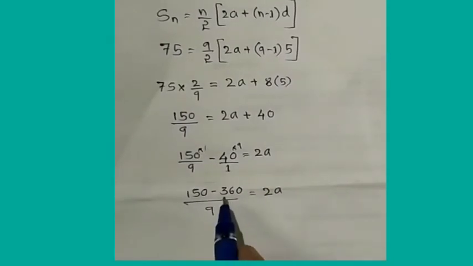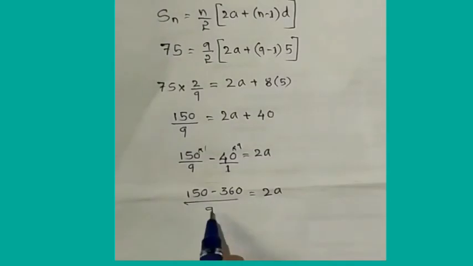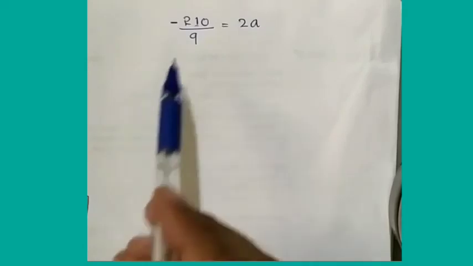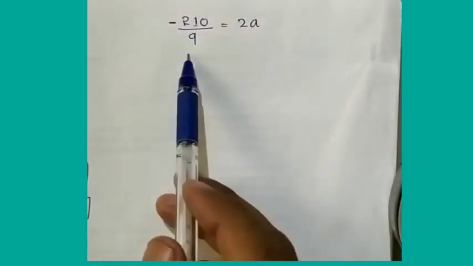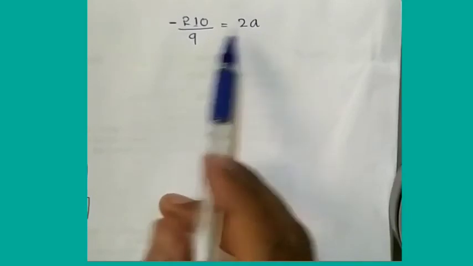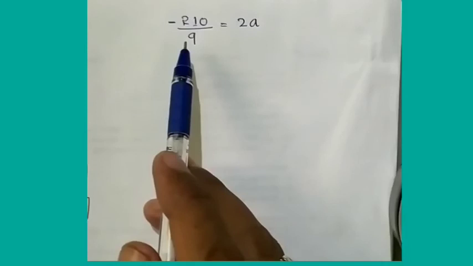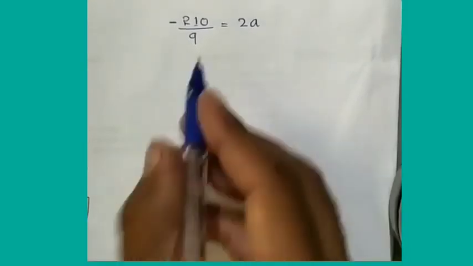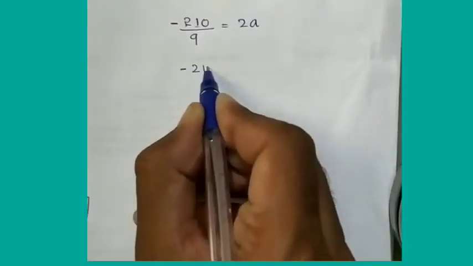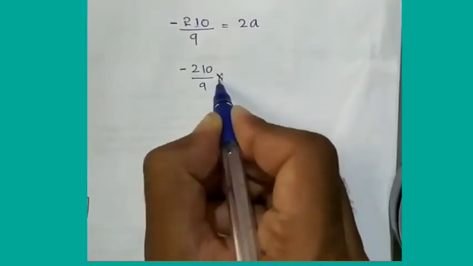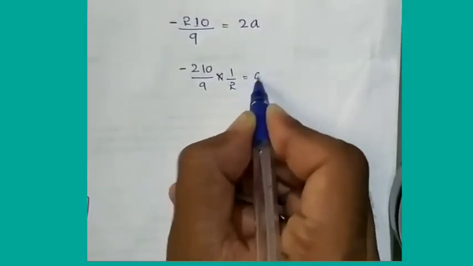So here 150 minus 360. Opposite signs are there, so you go with subtraction. Here we will get minus 210 by 9 equal to 2a. If I take 2 to the left side, it is already multiplying, so it becomes divisible. So here we will get minus 210 divided by 9 into 1 by 2 equal to a.